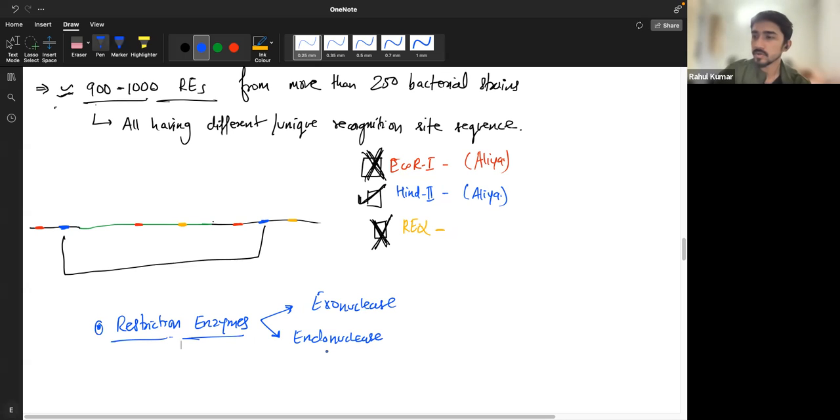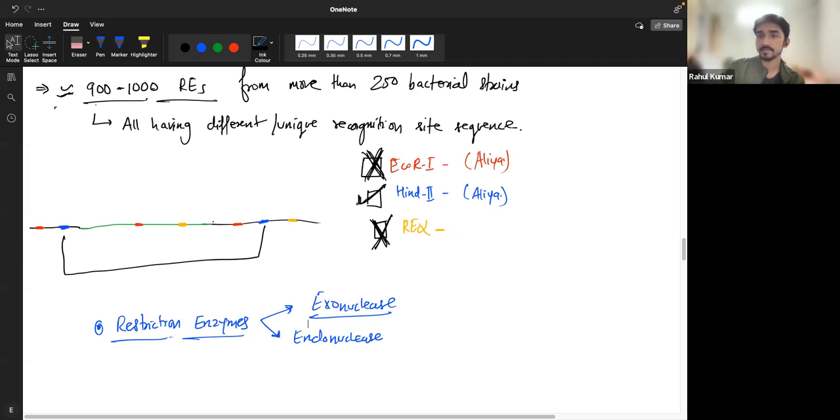So write down exonuclease: remove the nucleotides or cleave the nucleotides. Exonucleases remove the nucleotides from the ends of the DNA fragment.